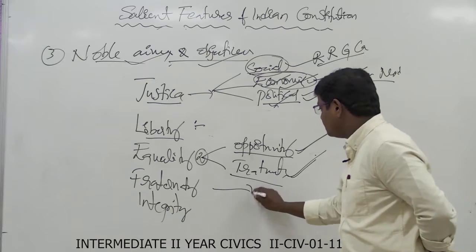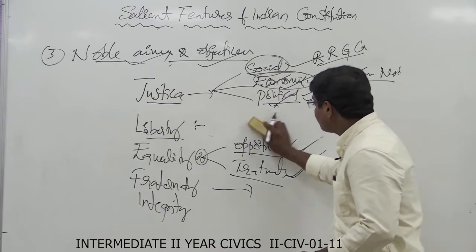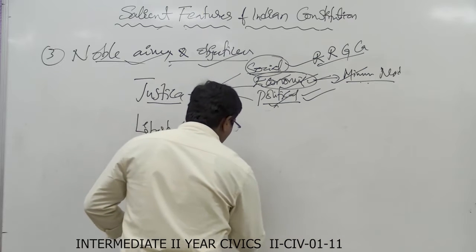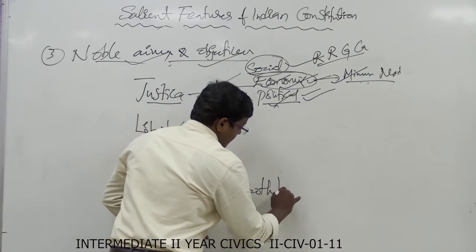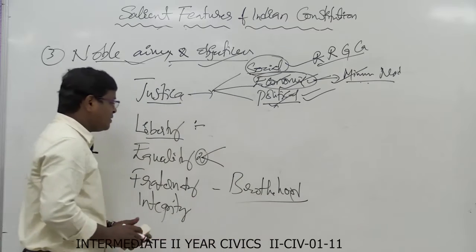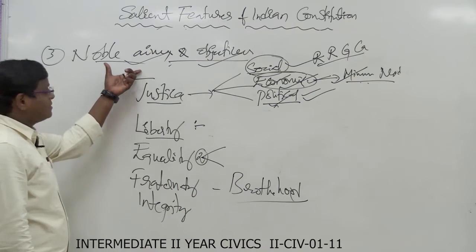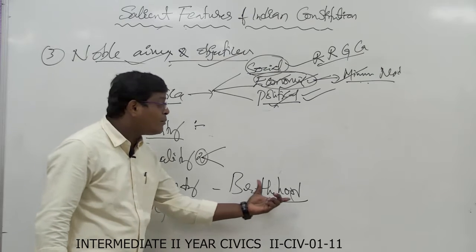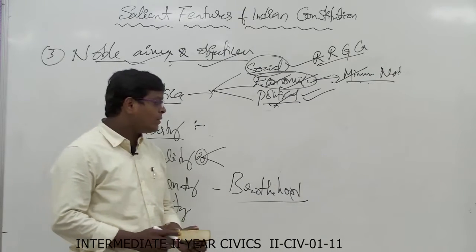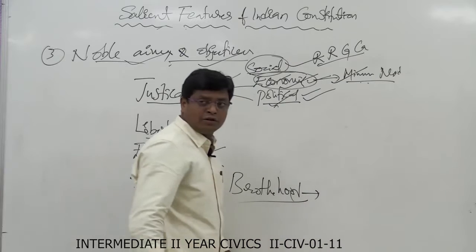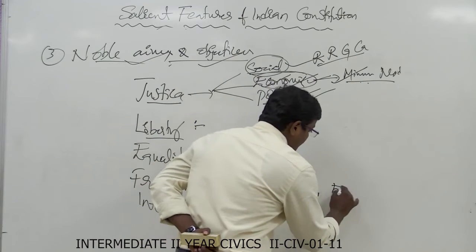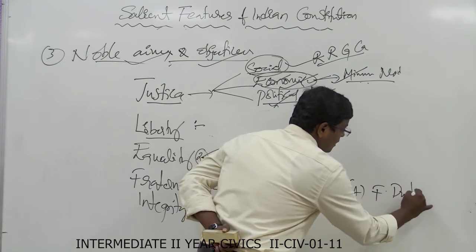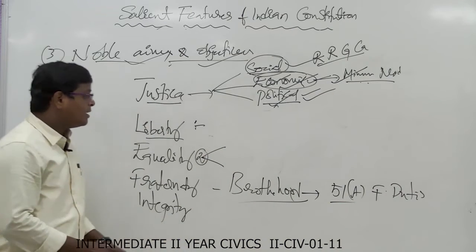And fraternity. What is meant by fraternity? Fraternity is nothing but brotherhood. The state of India shall provide brotherhood among the people of India. You know very well, in the Constitution of India, Article 51A, under the fundamental duties, we provided brotherhood.